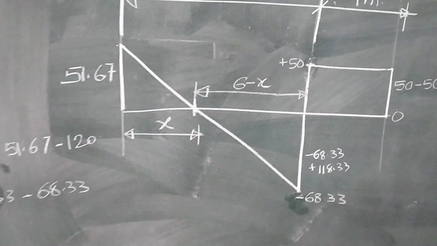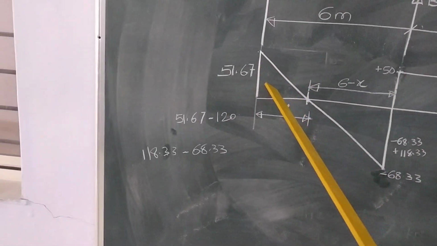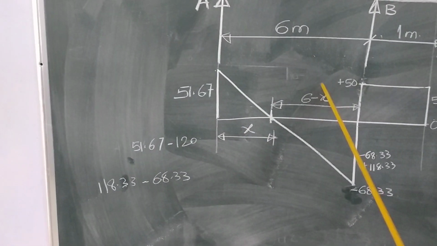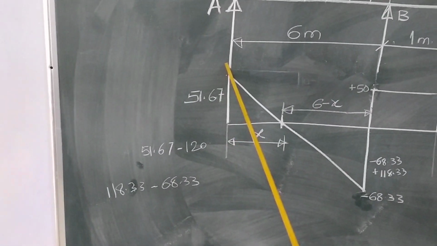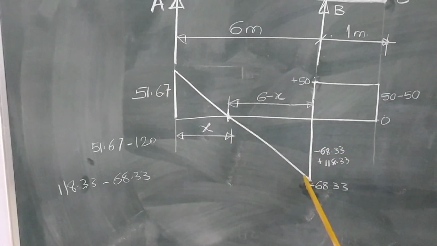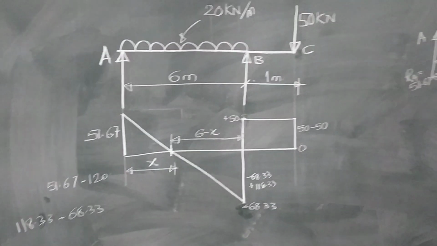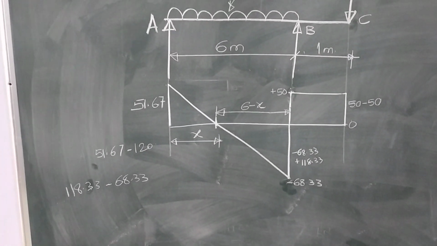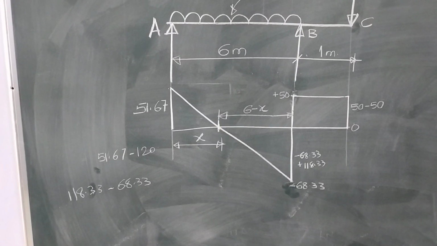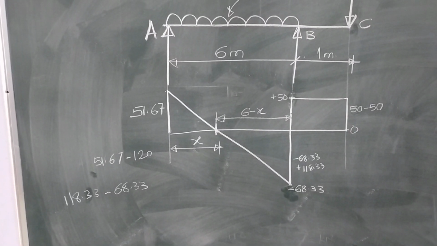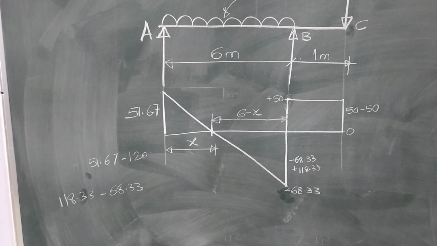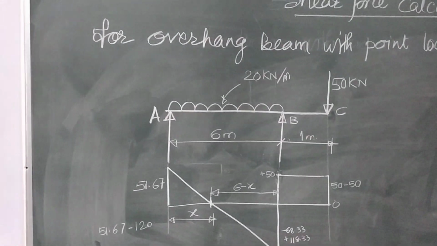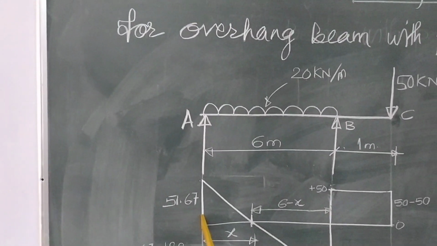These are now similar triangles. This is base x, this is base 6 minus x. This is one side 51.67, this is one side 68.33. So let us find where exactly the point of contraflexure lies, that is, x from point A. You have to find analytically where this x lies from point A.